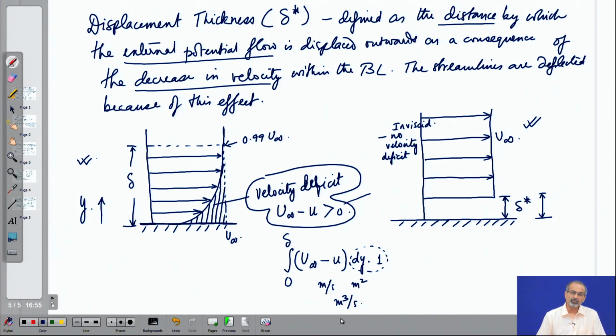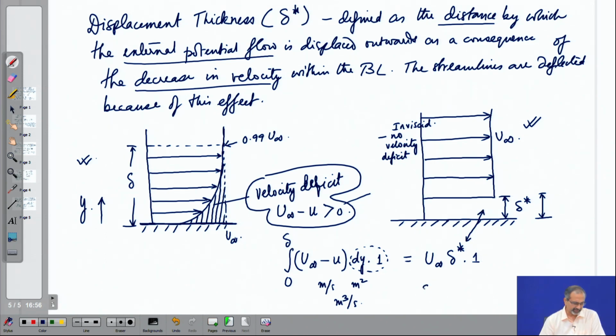So, it is volumetric flow rate, and this is the deficit that has been caused because of the presence of viscous effect, and we are balancing it with u infinity times delta star times 1. That is precisely signified in this diagram.